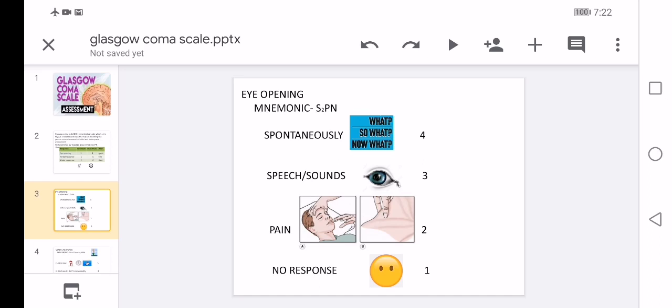If it is to speech or sounds, you ask the patient to open your eyes and he opens, and you can grade 3.